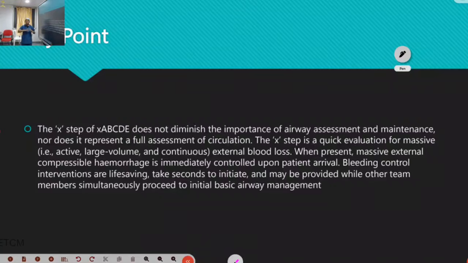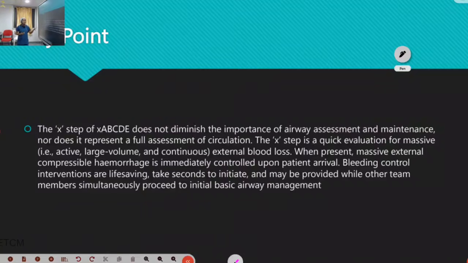It is just that we are controlling the external massive hemorrhage, and it is not that we are putting the circulation part prior to airway. We are not assessing or managing all the life-threatening conditions that come under the circulation part, but we are taking care of the massive external hemorrhage that can occur due to trauma, and after that we will follow the airway management and the breathing part, like how we do.